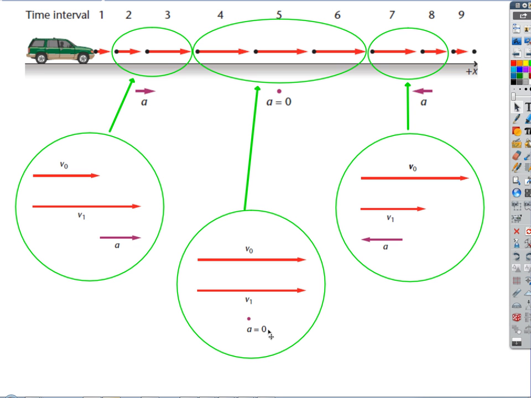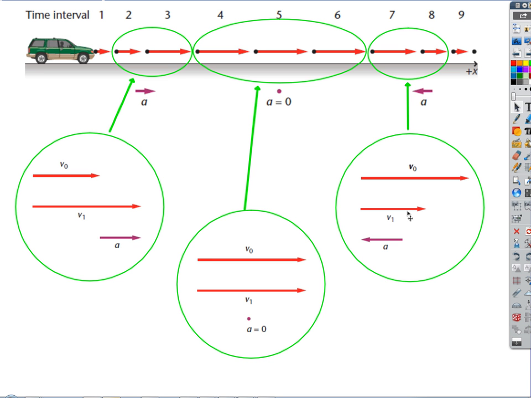If we look from second 7 to second 8 at our velocities, well, I'm slowing down, right? My initial velocity would be there, and my final velocity would be there, correct? Let's compare those. Initial velocity, final velocity, well, what did we do? Yeah, we decreased the magnitude of the positive velocity.